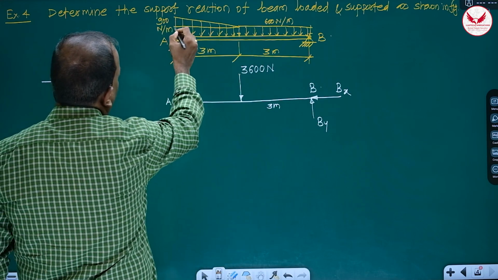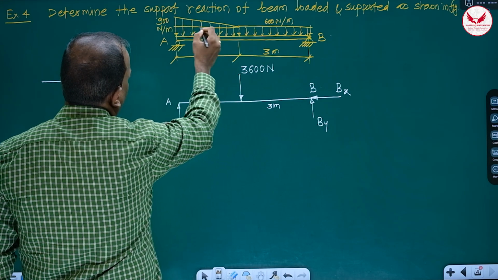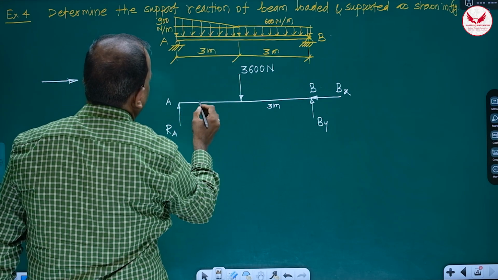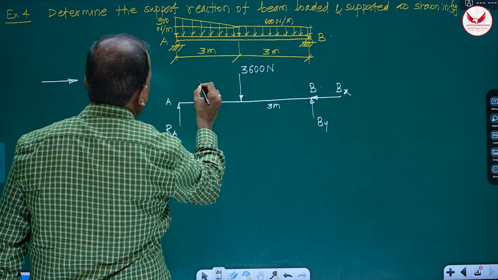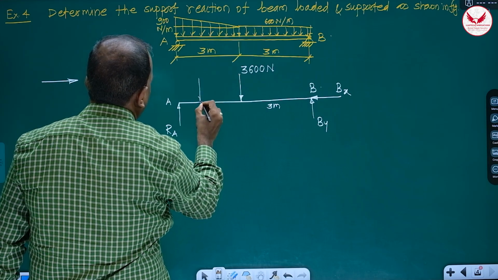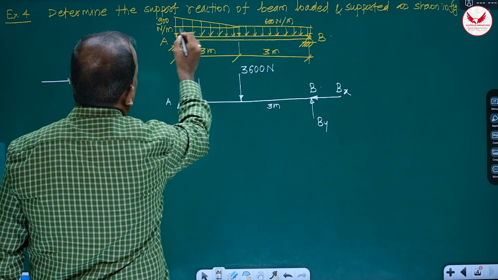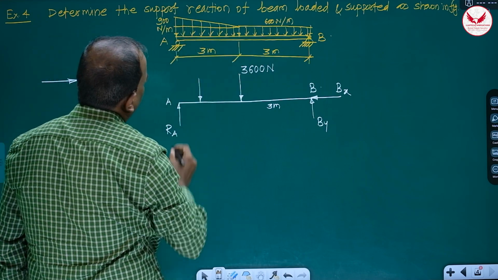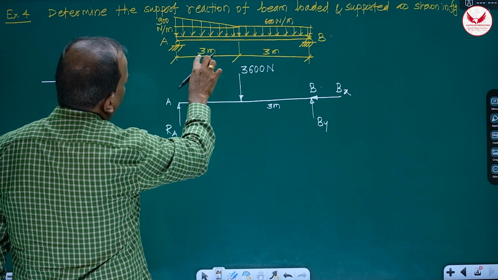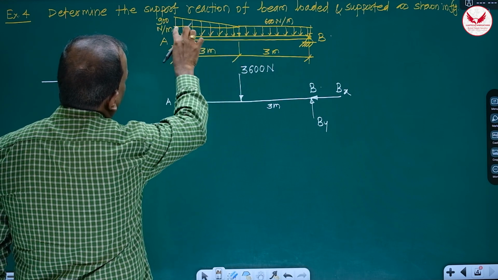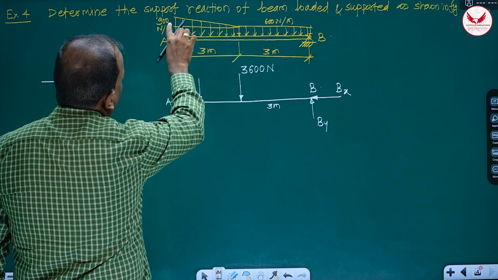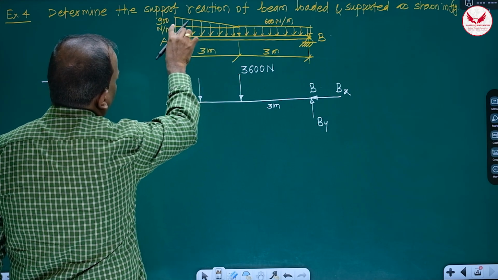Now for the triangular loading UVL, it will act at 1/3 from this, means 3 by 3, at a distance of 1 meter, and what will be its value? Half base into height. Half base is 3 meters into height, 900 minus 300, so it is going to be 300.